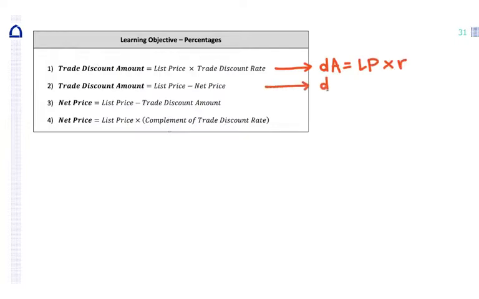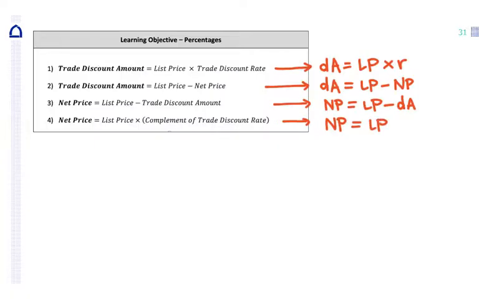The second formula that is given to you is that the discount amount is the list price minus the net price. Also, you could rearrange that to say the net price is the list price minus the discount amount. And the last formula, which we have used a lot, is that the net price is the list price times the complement of the discount rate, which is 1 minus the discount rate.